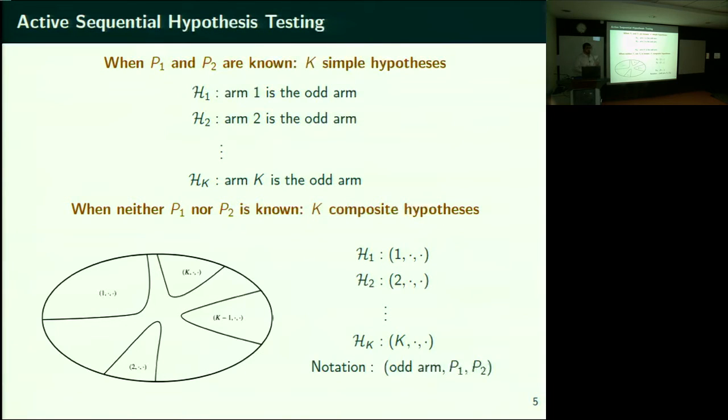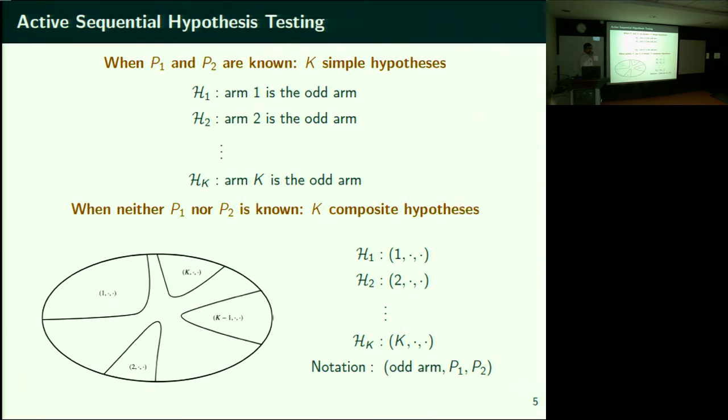If you don't know P1 and P2, then the problem is a little more complicated because your unknowns are 3 of them now: the odd arm, the transition matrix of the odd arm, and the transition matrix of the non-odd arms. So it's like a composite hypothesis test within which you can create some subclasses. This is the space of all possible hypotheses. Each element here is a three element tuple.